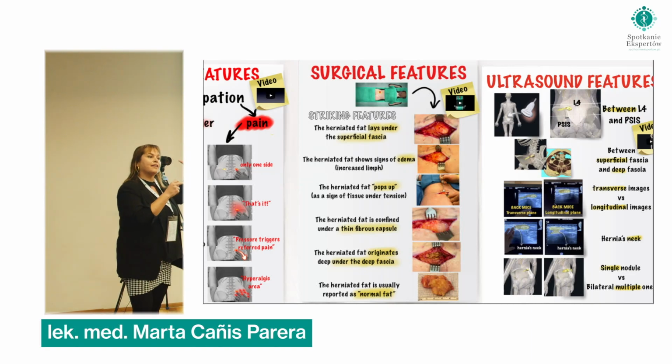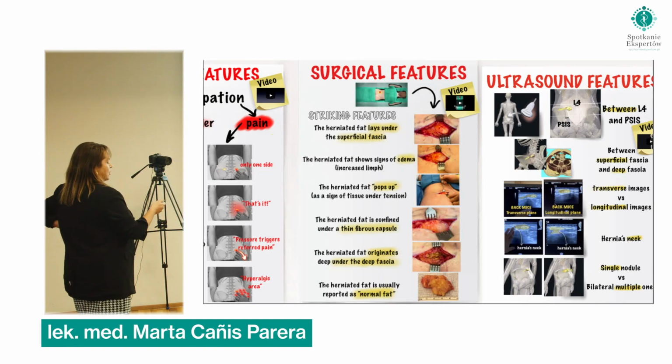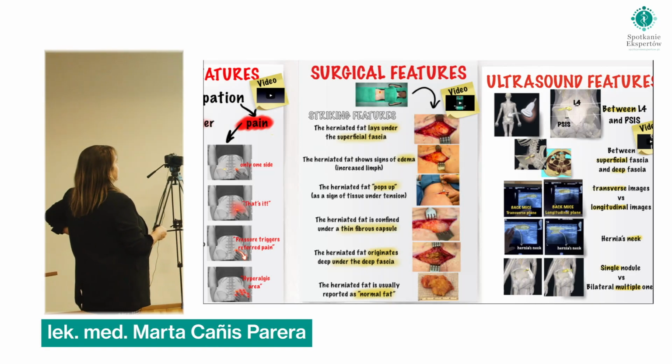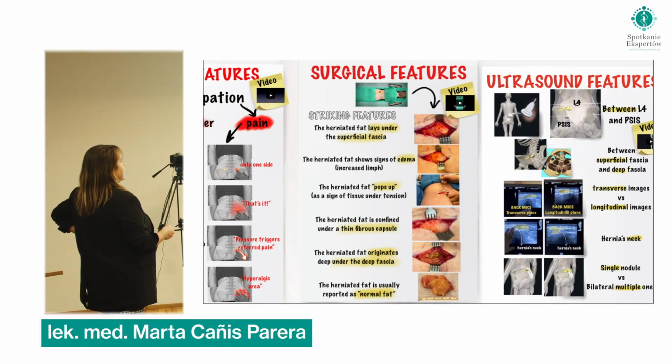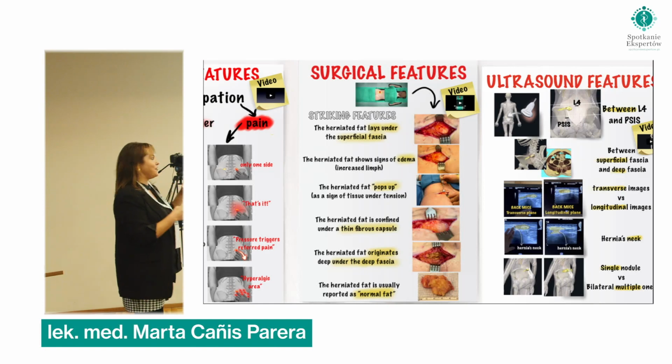Like all the medical articles are saying, all the surgeons from the 50s also got these outcomes. So when you open here in this region, always in the same region, the episacroiliac region, you will see the superficial fascia. Then you see this, that it may look like a lipoma, but it's not a lipoma, it's a herniated fat.